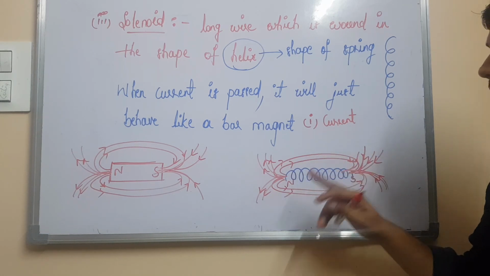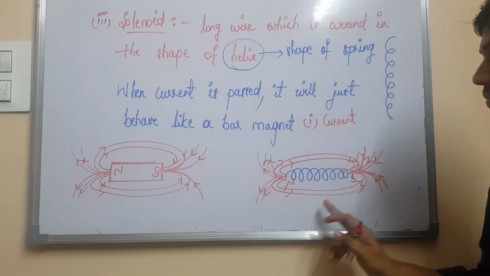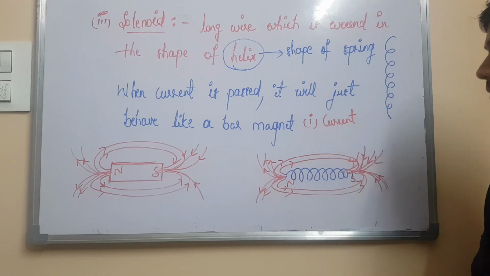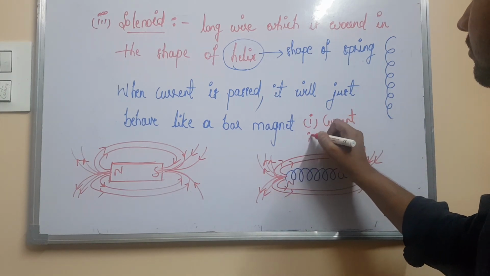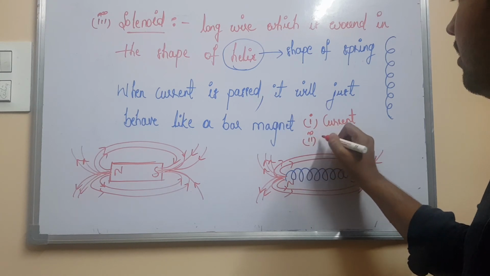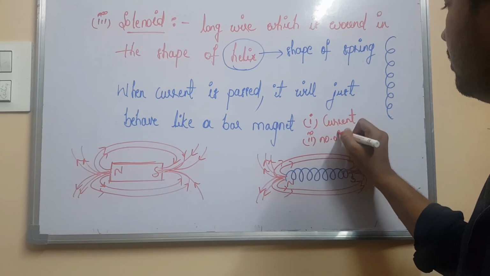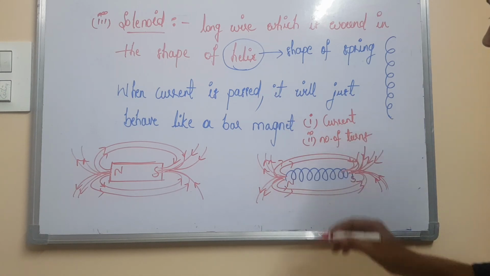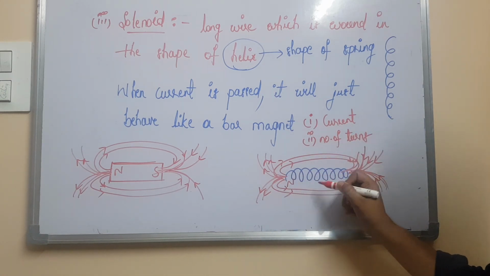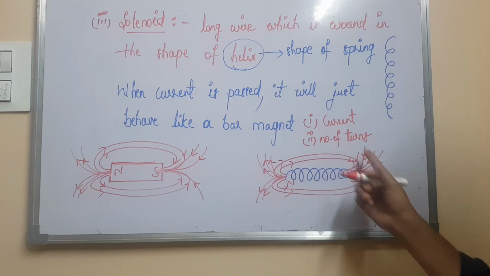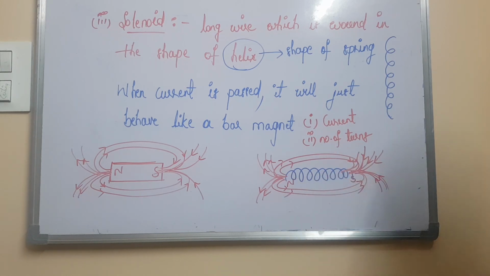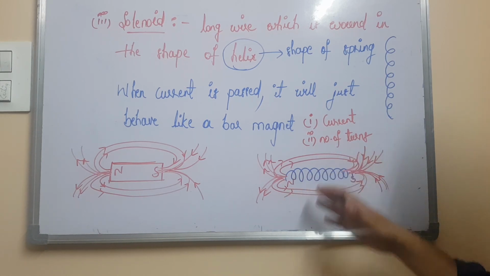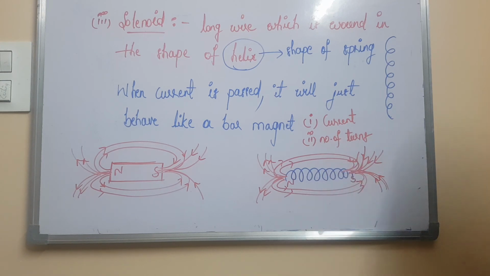If we pass less amount of current, then magnetic field will be low. And second one is number of turns in a solenoid. If there are less number of turns in this solenoid, then strength of the magnetic field will be low. If there are more number of turns, then magnetic field will be high.